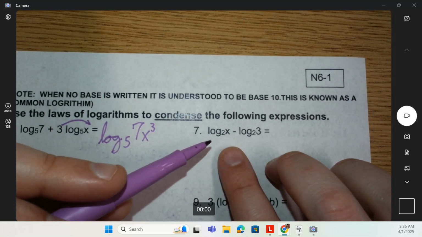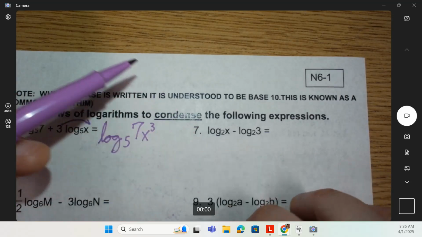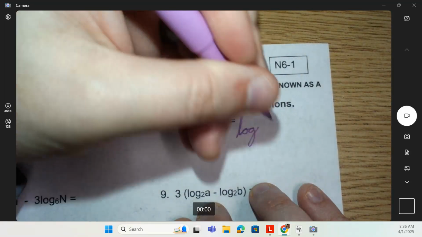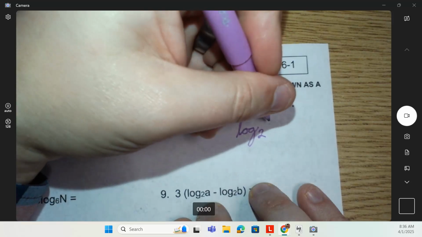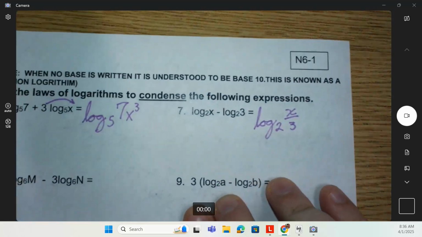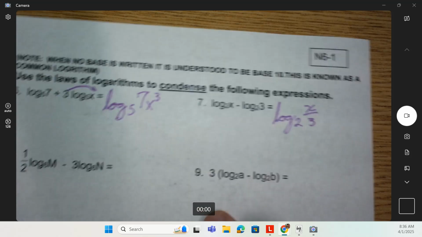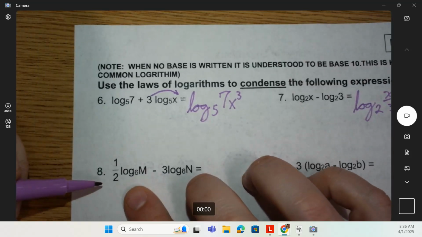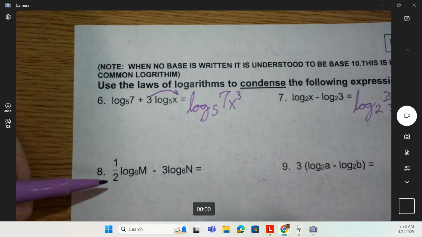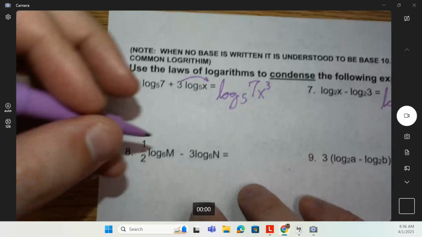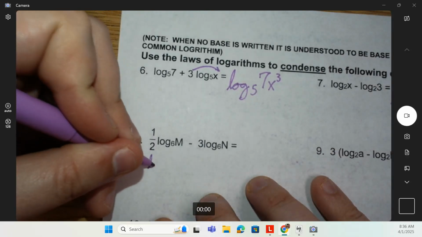Next, I have log 2 of x minus log 2 of 3. So that we're going to write as log 2 of x over 3. And again, just one step there. Okay, now with our 1/2, we'll keep it as a 1/2 power. If you need to, just for clarity, you can write it as square root, but it works either way. So we'll split this up into 2.